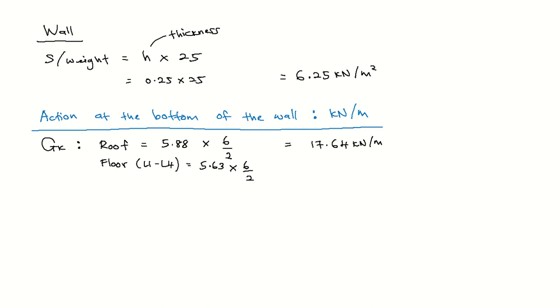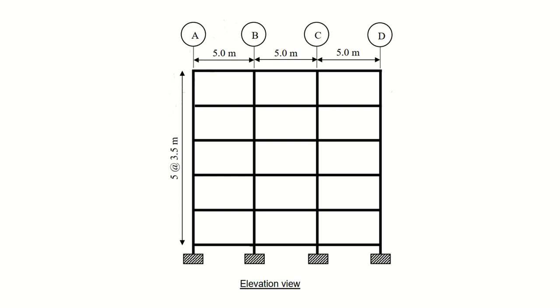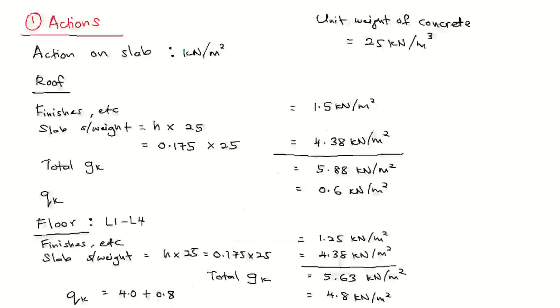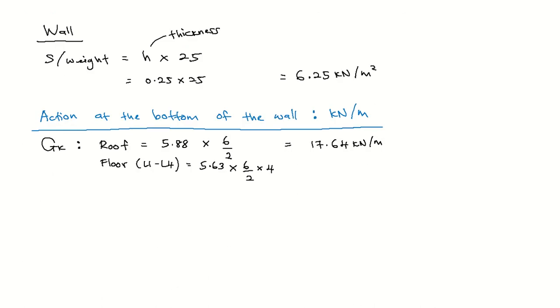For roof you just have one roof, but for the floor you have 4 floors below this roof level, from this elevation view here. So times with 4, equals to 67.56 kilonewton per meter.